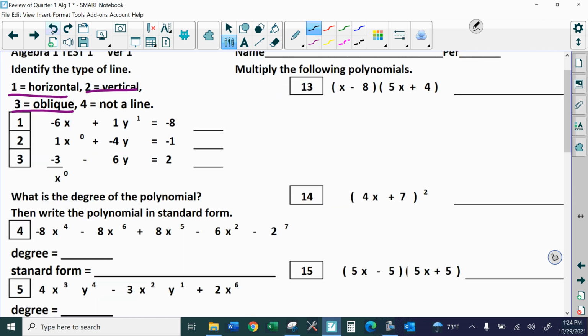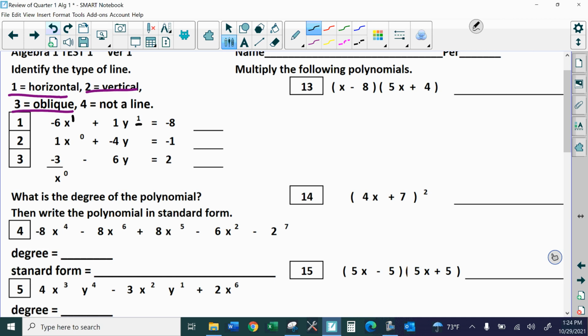Okay. All right. So what makes a line for an equation? The exponents on the x and or y or both have to be 1 in the numerator.